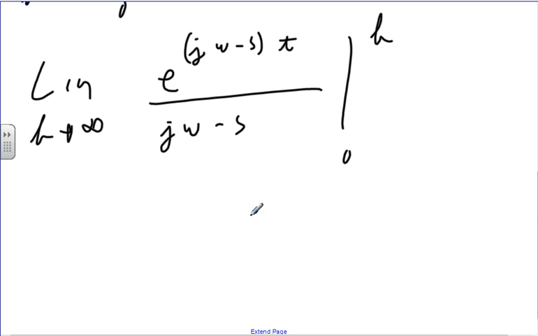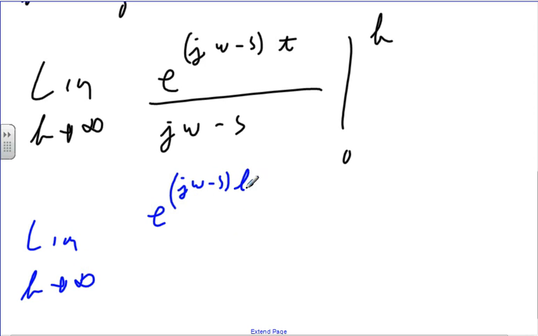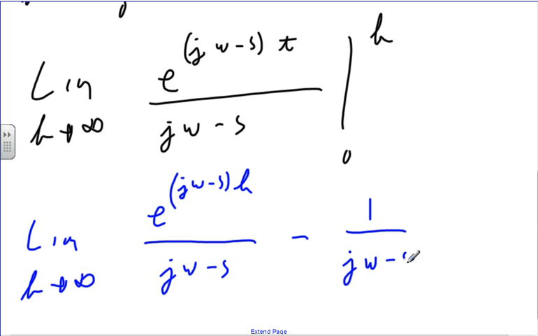All right, so I've got the limit as b goes to infinity. Now, have we done any integration? Well, I guess we did. So e to the (j omega minus s) b over (j omega minus s) minus 1 over (j omega minus s).